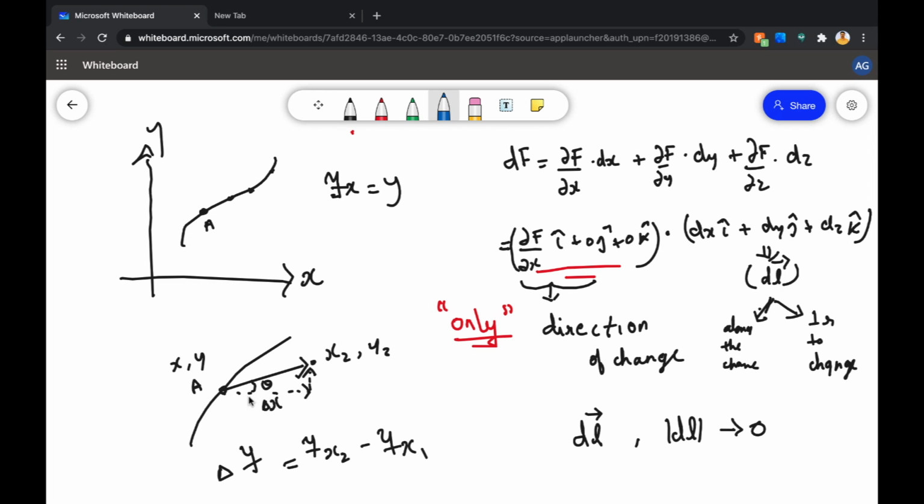But if you moved only along this direction, this is some mod L, this is also mod L, it would have given you the maximum change.